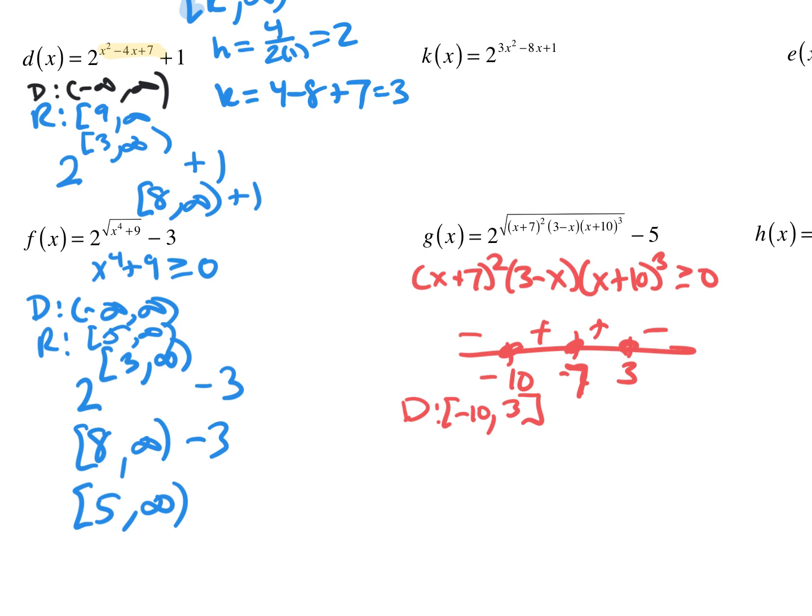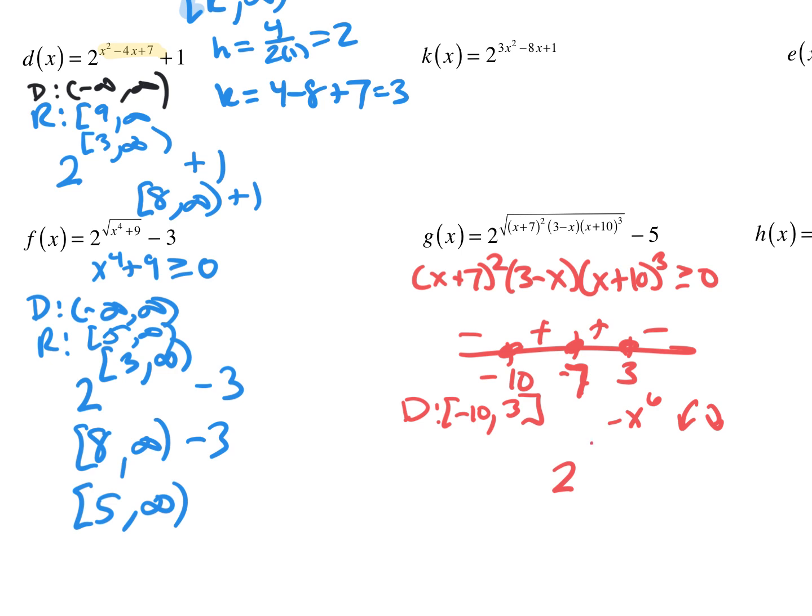Okay, the range. Remember the range of a polynomial. If I'm thinking inside the square root, it's all about the end behavior. I can learn that from finding the leading term, which is going to be negative x to the 6, so down, down. Because I don't know what that high value is, I've got 2.